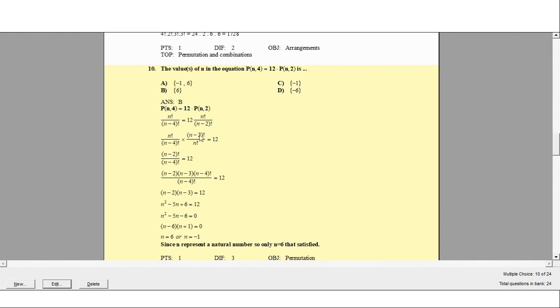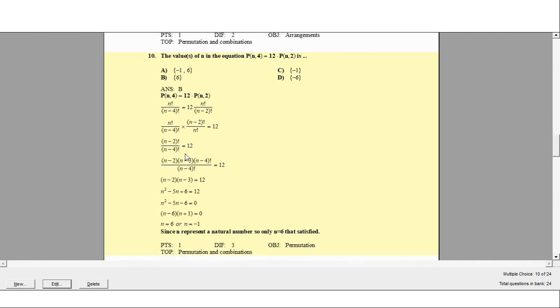If you write it to the left, it will be n factorial times (n minus 2) factorial and (n minus 4) factorial times n factorial. And this is numerator and denominator. It has the same value, so you just simply cancel it. And then equals 12. After you cancel, only (n minus 2) factorial divided by (n minus 4) factorial equals 12 remains.